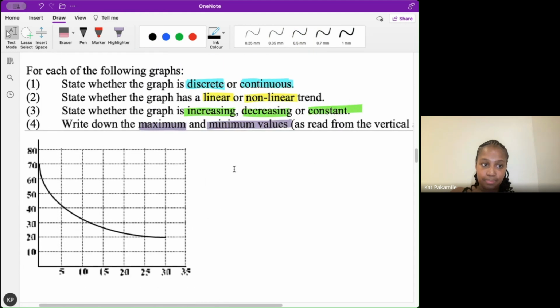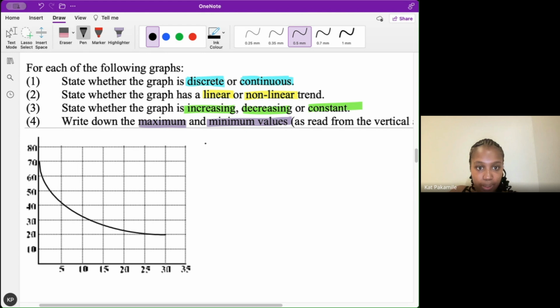Number 1. We have no idea what this graph represents, but you can answer all these questions just by looking at it. Okay, so if we look at the first graph that we have here, is it discrete or is it continuous? Nice. Spy has an answer for us already. Why? What is my reason?